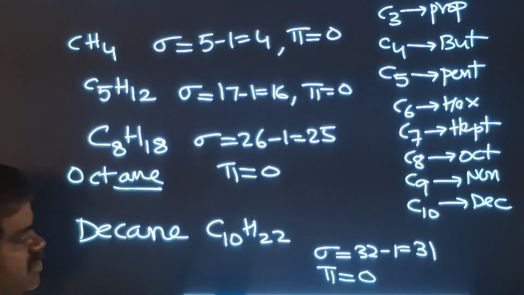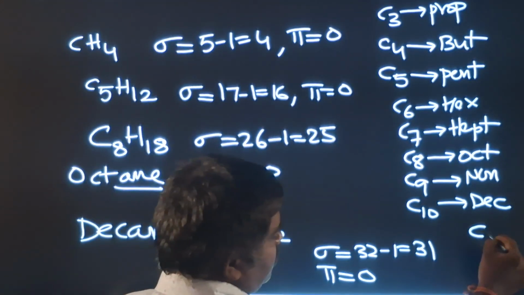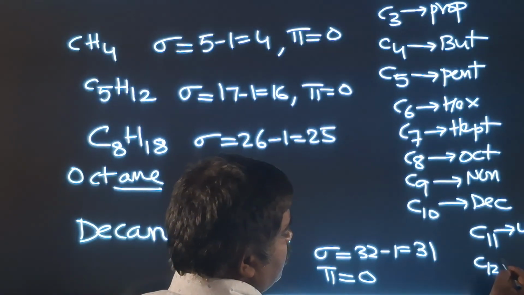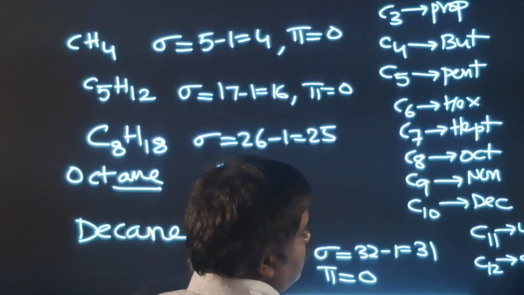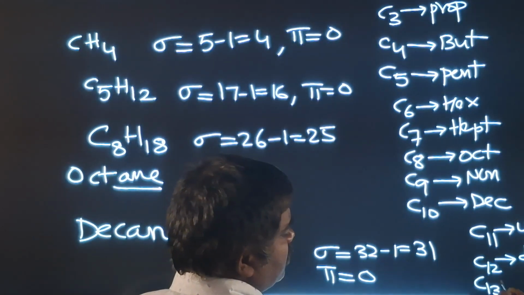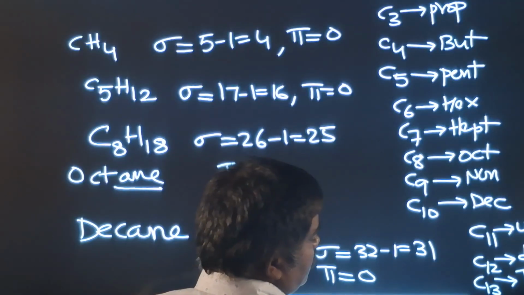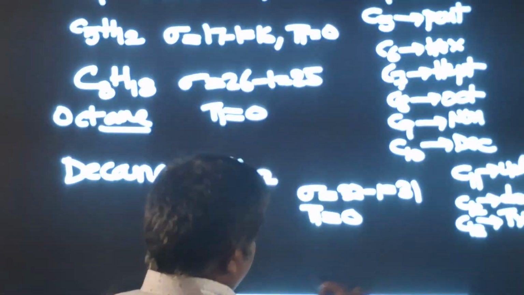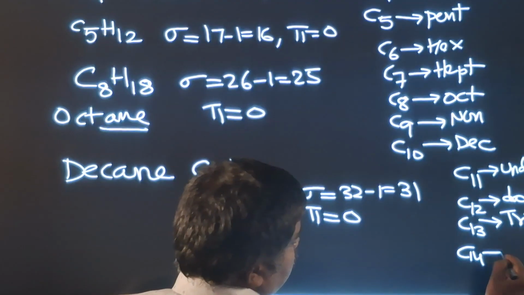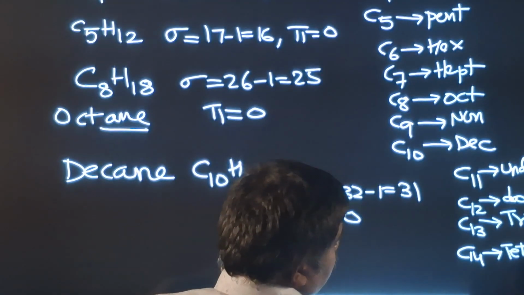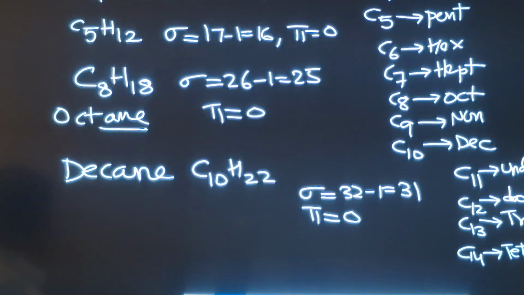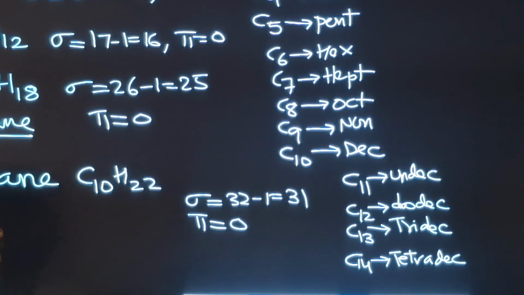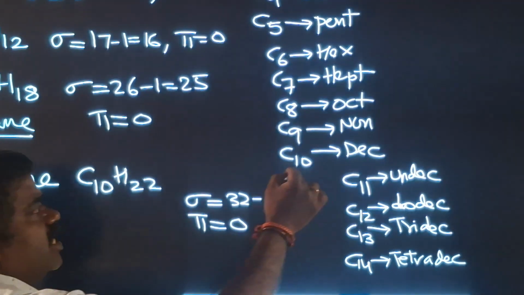And now if 11 carbons are there, that is undec. 12 carbons, dodec. 13 carbons, tridec. 14 carbons, C14, tetradec. Okay, up to decane is enough.